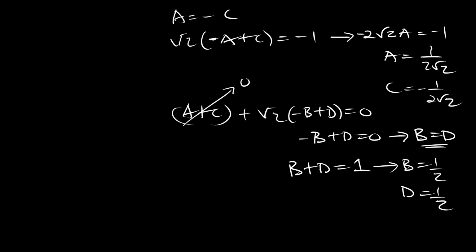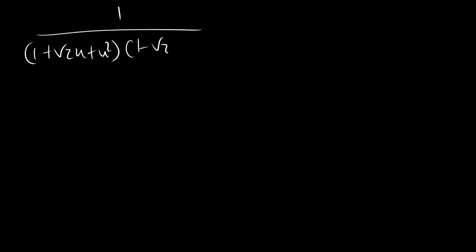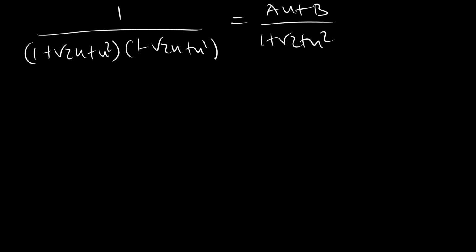Okay, so in other words, since we have 1 over (1 plus root 2u plus u squared)(1 minus root 2u plus u squared) being equal to (Au plus B) over (1 plus root 2u plus u squared) plus (Cu plus D) over (1 minus root 2u plus u squared).